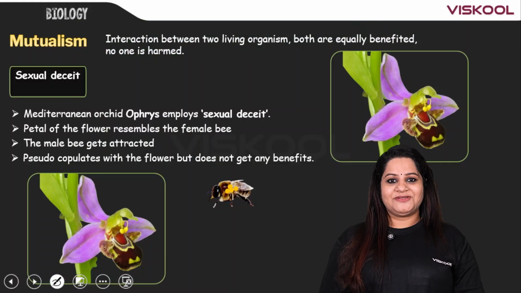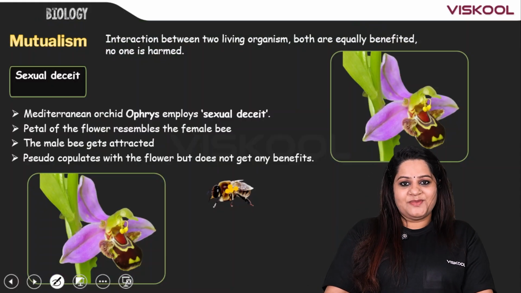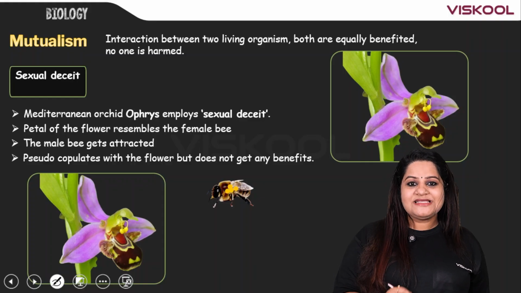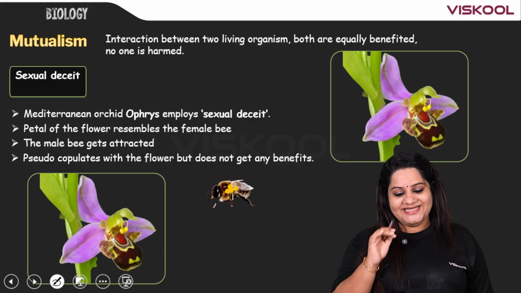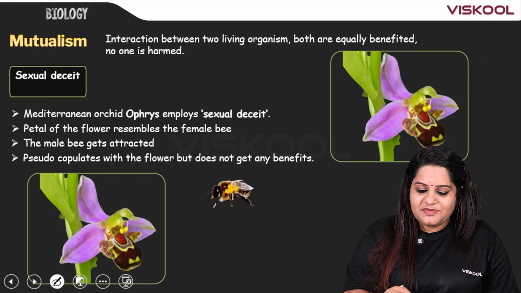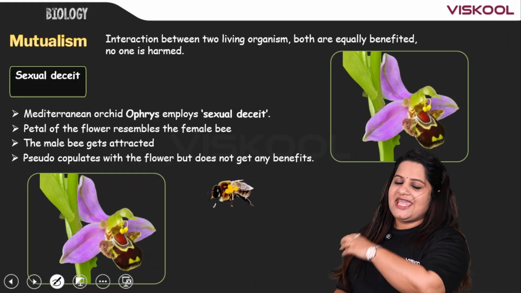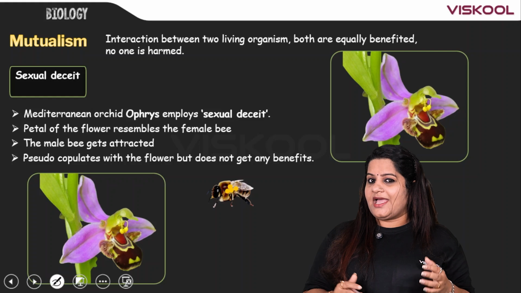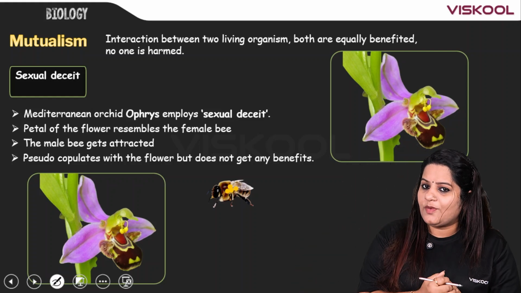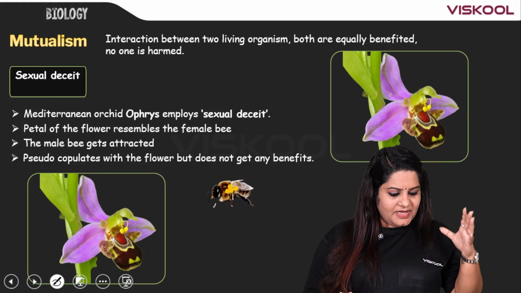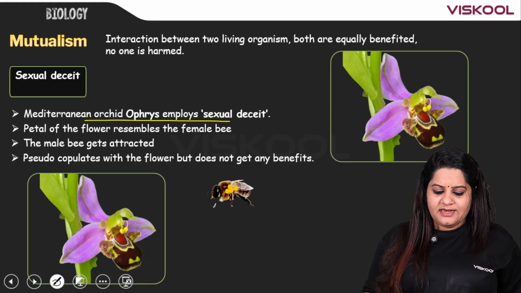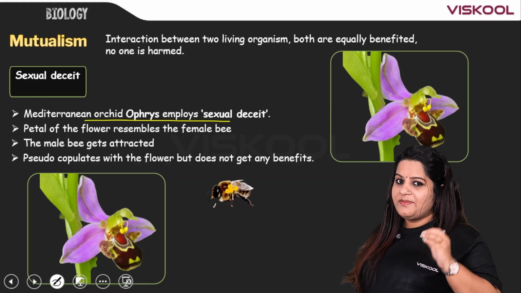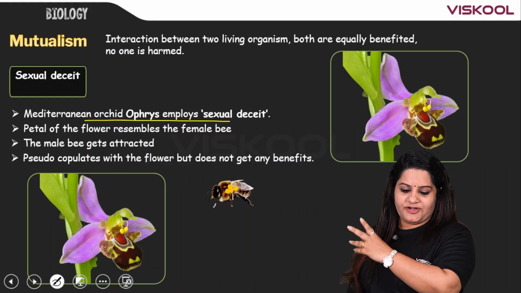Next, this is really amazing. That is sexual deceit. What is it? Again I am saying this, mutualism is the interaction between two living organisms where both are equally benefited. You all know. So here I have taken an orchid, the Mediterranean orchid Ophrys.